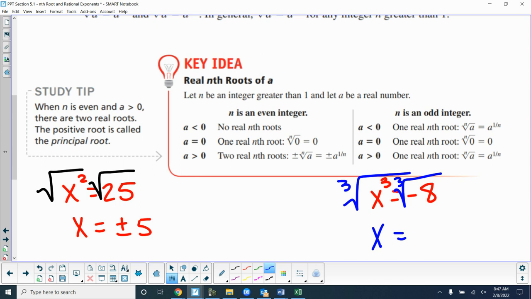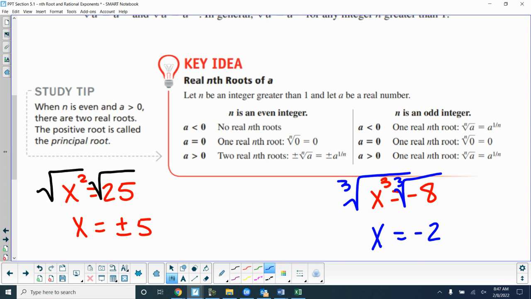Well, negative 2 times negative 2 is a positive 4 times another negative 2 is negative 8. So when it's an odd index, 3 is an odd number, and we have a negative number under the radical sign, there still is an answer. Okay? That's what they're telling me on that key idea.